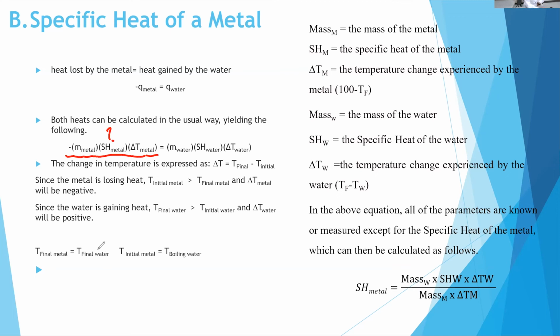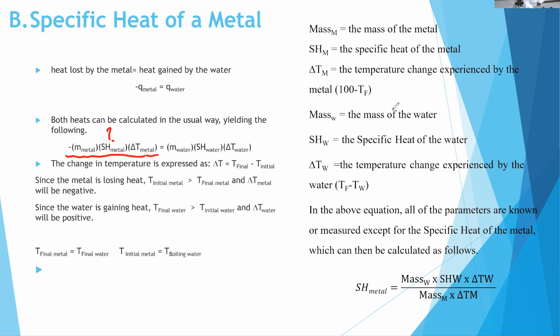So from this equation, the SHM is the specific heat of the metal, which is unknown. Delta Tm, you find from 100 minus Tf, where 100 is the initial temperature of boiling water. That's basically what 100 means here.